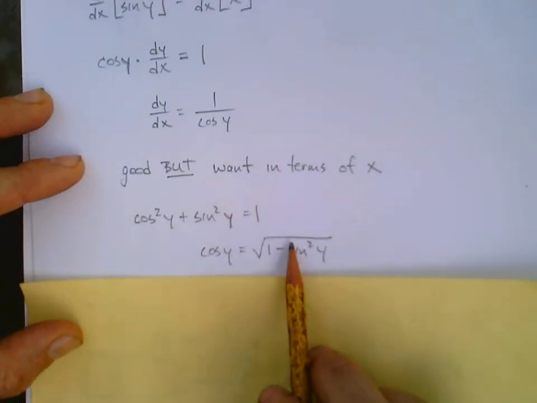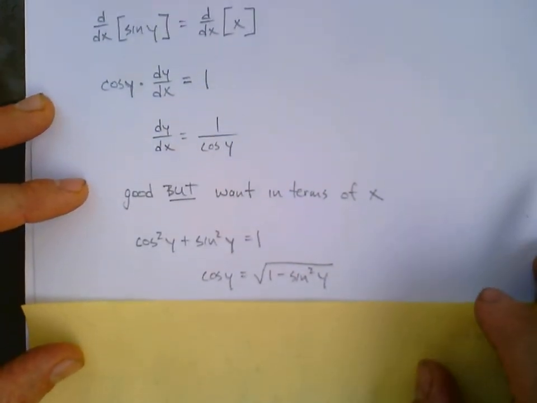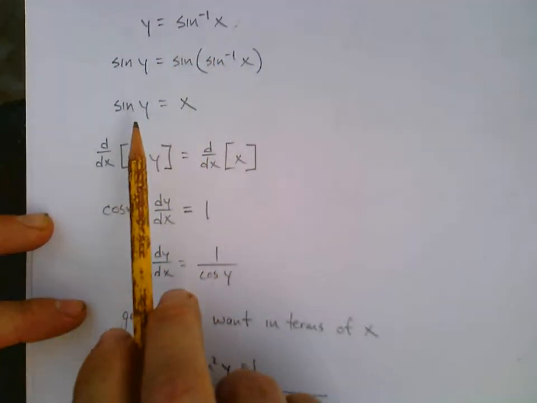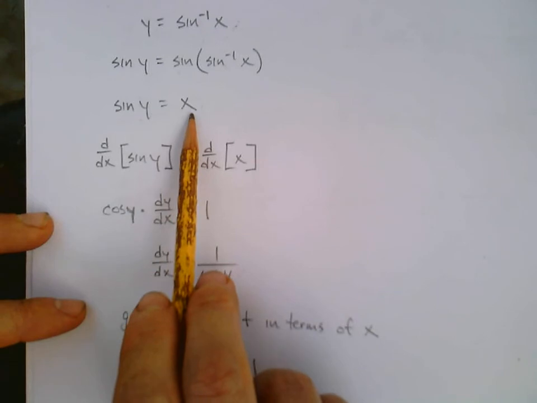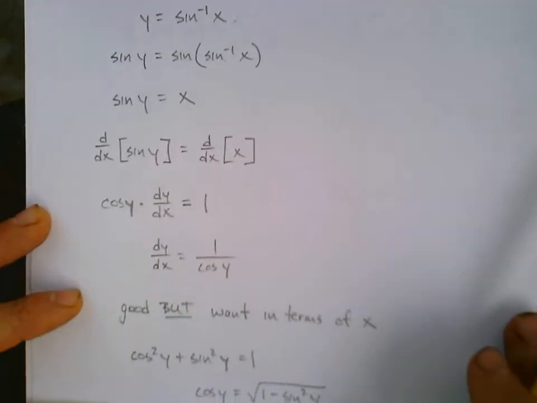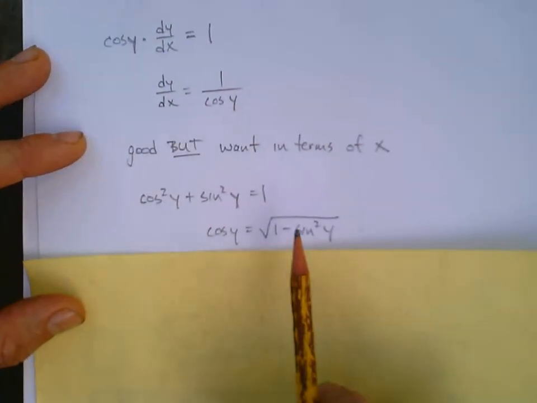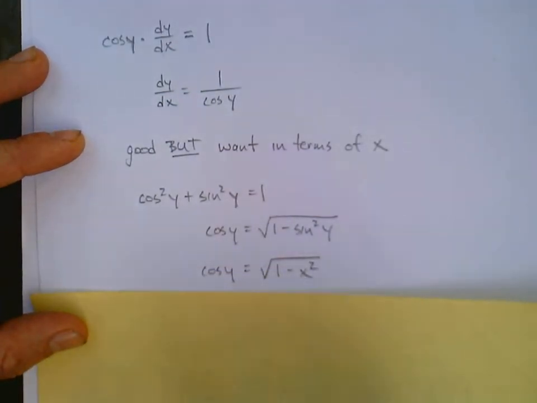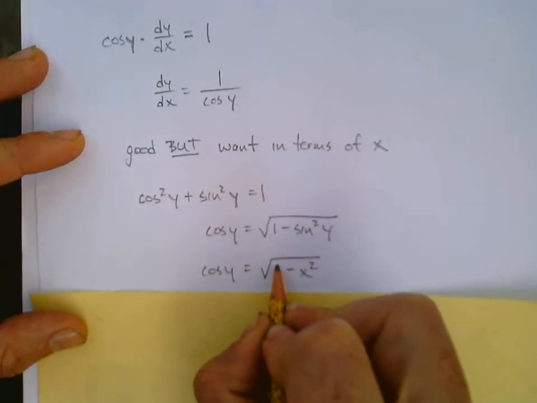Okay, because we know what the sine of y equals, right? From the beginning, way back here, okay, the sine of y is equal to x. So here, when we say sine squared y, that's really just x squared. Oh, man.